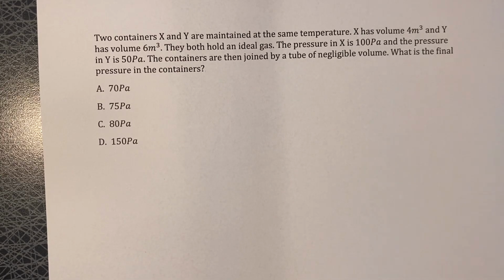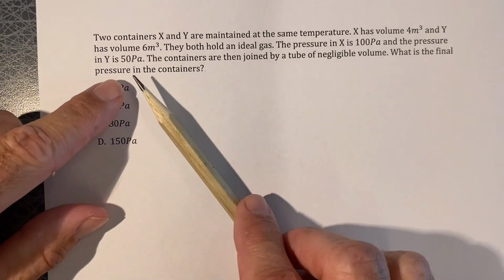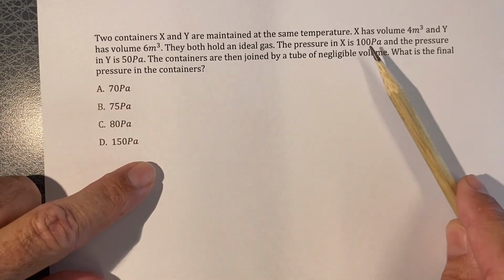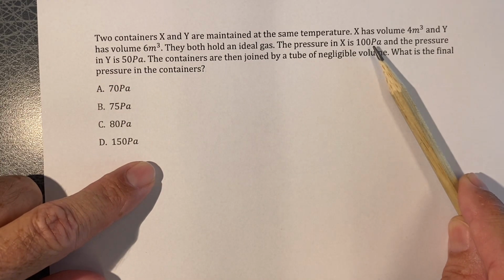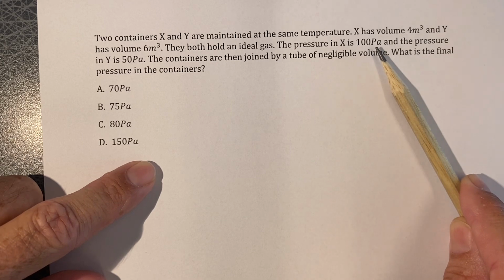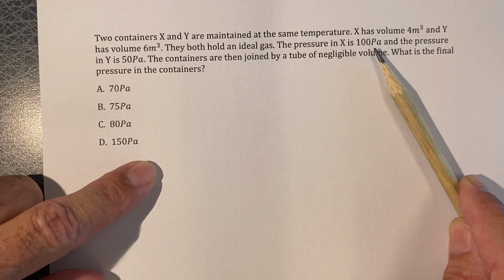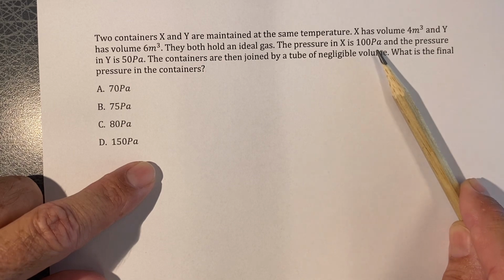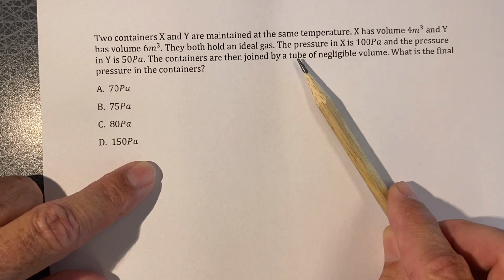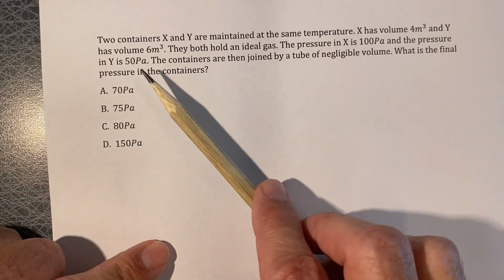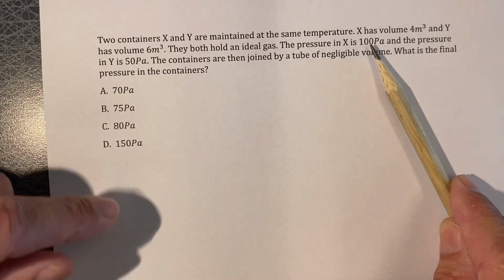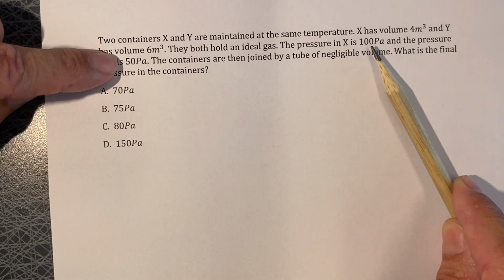Well, first you could say like this. 50 Pascal and 100 Pascal. If the volume of these two containers would be the same, and you join them together with a tube, then of course the final pressure would be exactly in the middle of these two values.